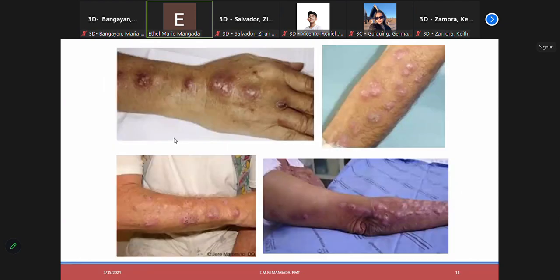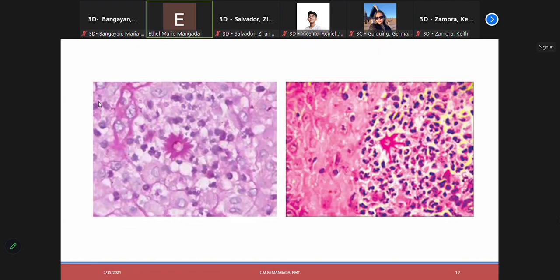Okay. So here is a picture of the lesions. So they are nodules. Puno. Pero this disease is usually self-limiting. Minsan gumagaling din kaagad yung pasyente natin. Okay? And this is now the histologic section.